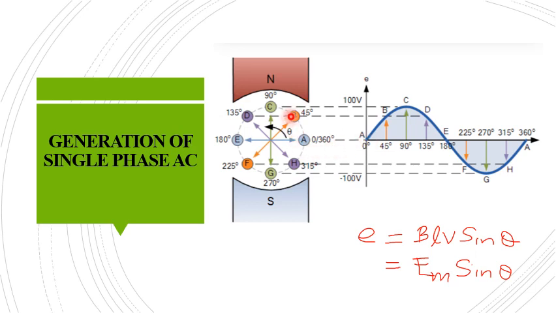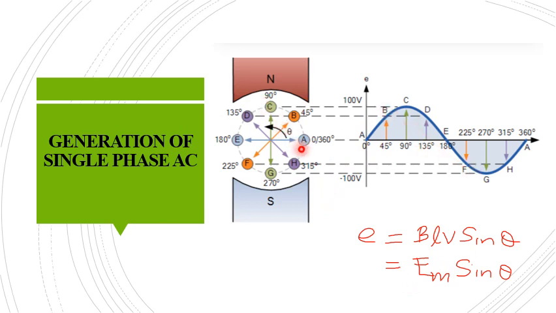And at position B, the angle between the flux lines and the conductor is 45 degrees, so EMF generated will be EM sine 45 degrees. Then at position C, the angle is 90 degrees, so the EMF generated is EM sine 90, or EM, that is your maximum value.